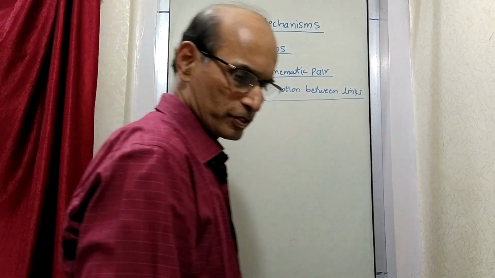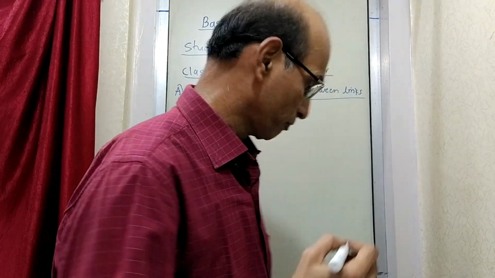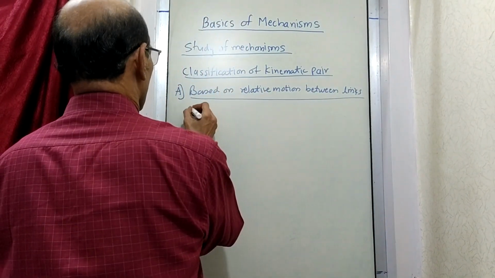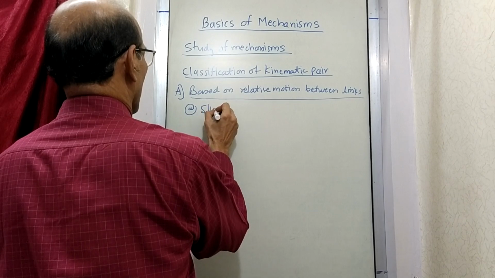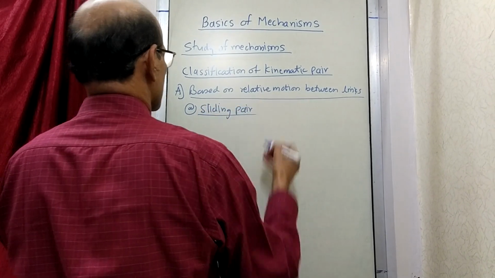So the first classification is based on the relative motion between the links, and in that the first is the sliding pair.